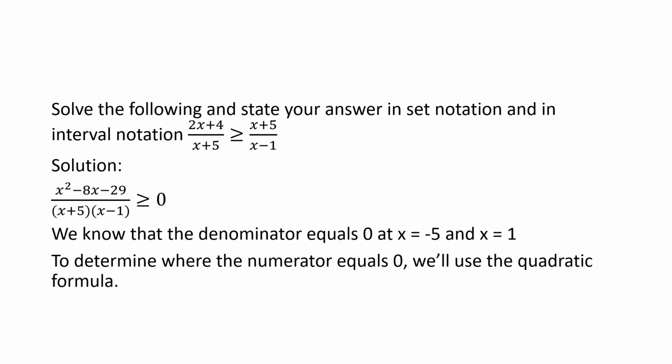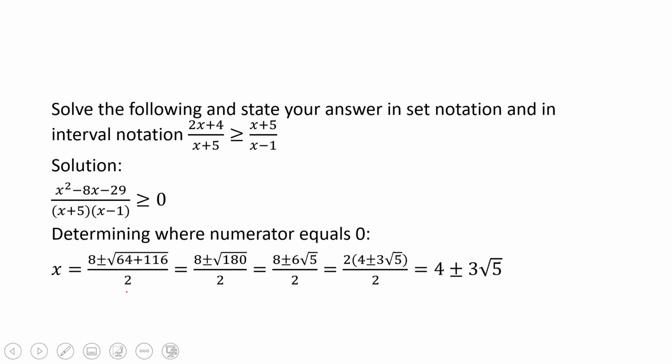Okay, now we want to do interval testing, so we need to know what values of x make the numerator and denominator equal to 0. We know the values of x that make the denominator equal 0 are -5 and +1. But how about the numerator? Where does that equal 0? Well, to do that, we're going to use the quadratic formula.